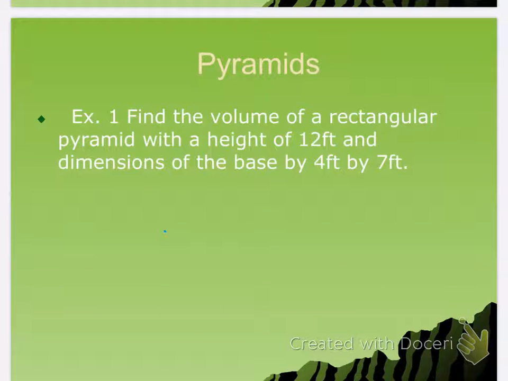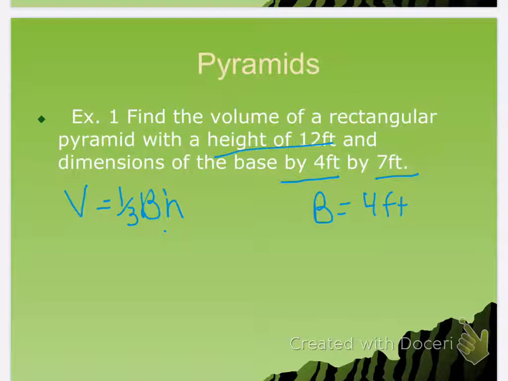Okay, so find the volume of a rectangular pyramid with the height of 12 feet and the dimensions of the base 4 by 7. So our volume of a rectangular pyramid would be 1/3 area of the base times height. To find our area of the base, we use 4 feet times 7 feet, which is 28 feet squared.